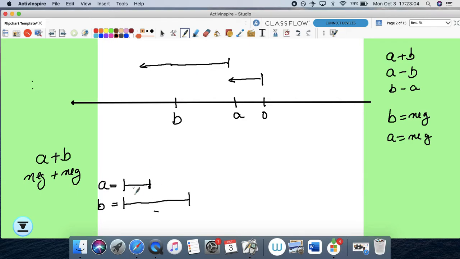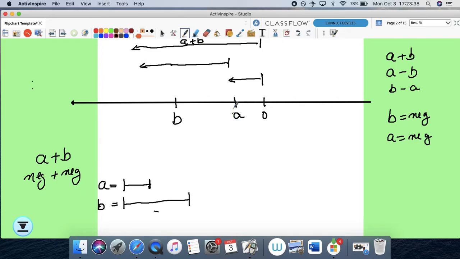Right, so if I add that distance of a, the absolute value of a, plus the absolute value of b, and I put those two distances together, I'm gonna get this final distance, right? And that's what a plus b is. Okay, it's a negative plus a negative, so I'm moving further left on the number line. I'm adding both their absolute values together, and the direction we're heading to is left. So we're decreasing in value.